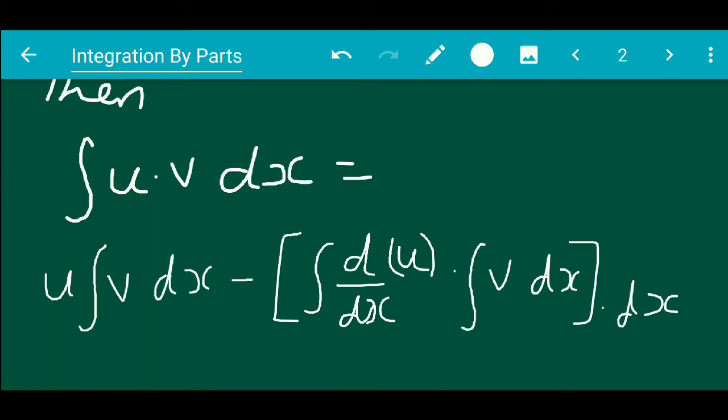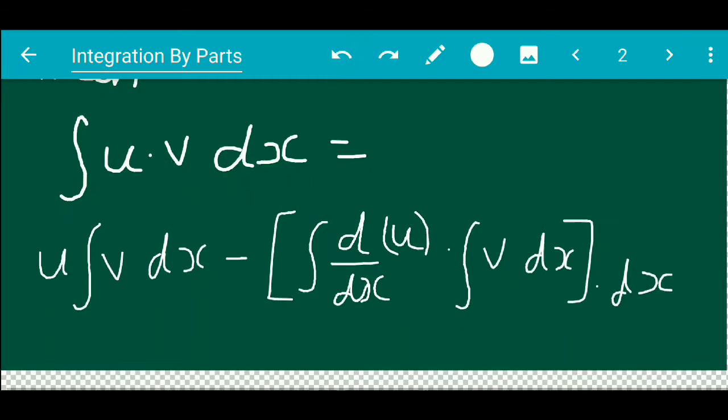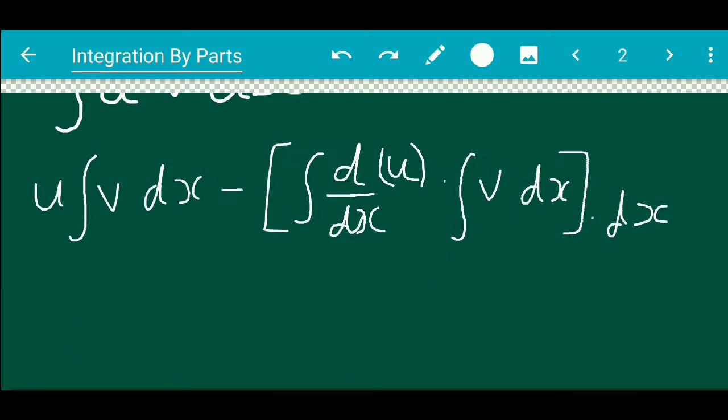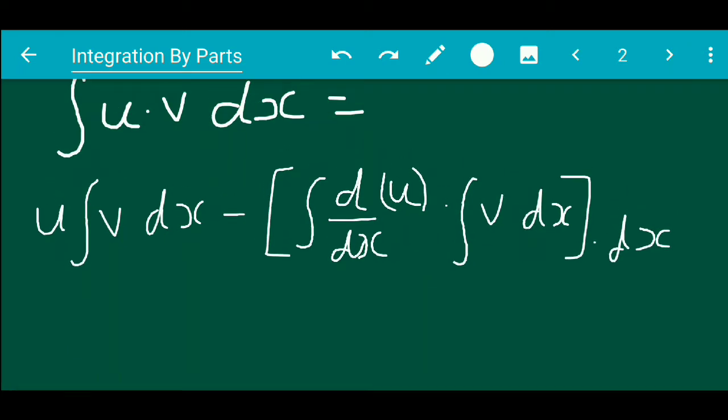Okay, looks to be quite a lot right now, but it will become easier as you solve sums using this rule. Now here, certain things you have to understand. We have to choose u and v in a very proper manner so that we can integrate properly.